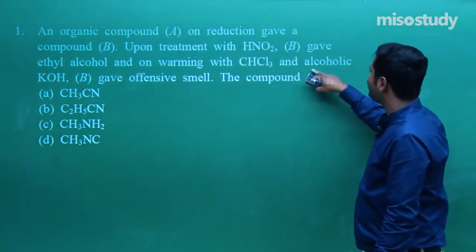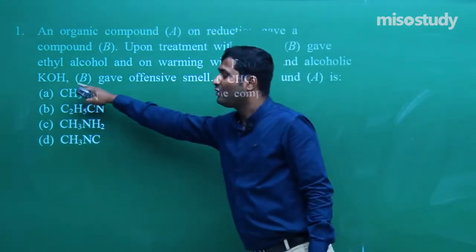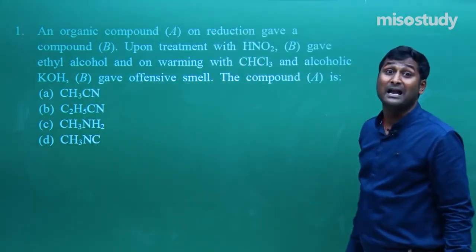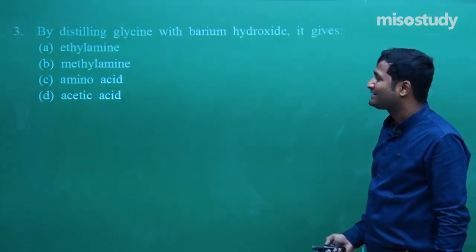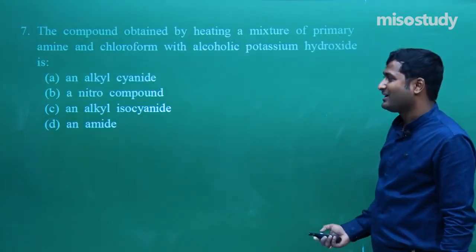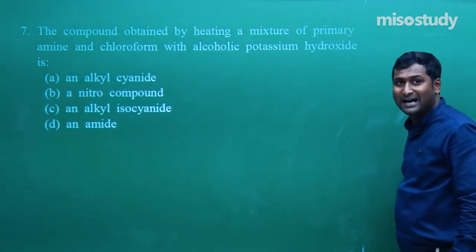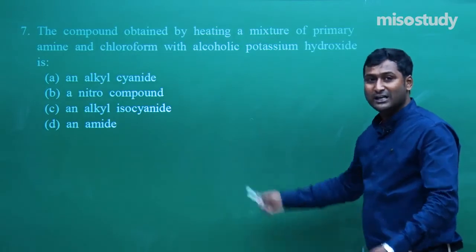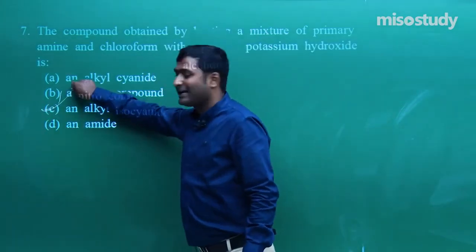On warming with CHCl3 and alcoholic KOH, an offensive smell, and this was isocyanide. So what is the answer for this question? Sir, it's very simple, an alkyl isocyanide. So for question number 7, C is the correct option.